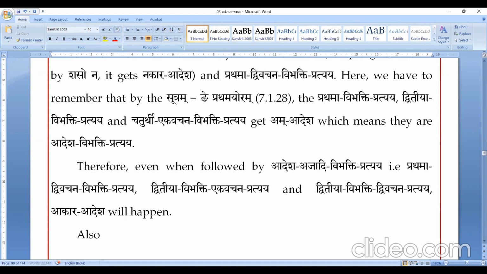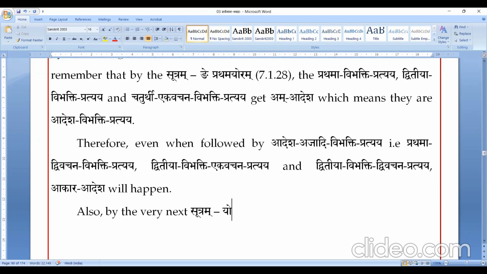Also by the following sutra, also by the very next sutra, it says Yochi. Yochi sutra is 7.2.89.